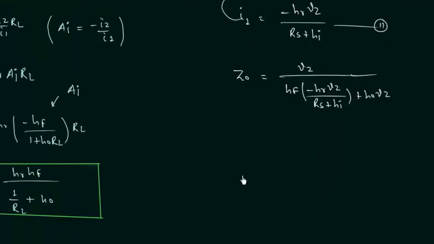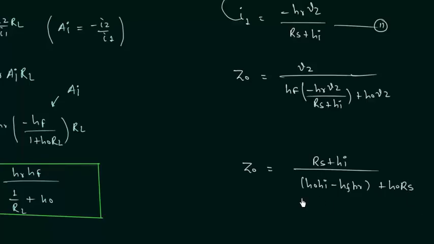After simplification, the output impedance is equal to Rs plus Hi divided by Hi minus HF HR plus HO Rs.